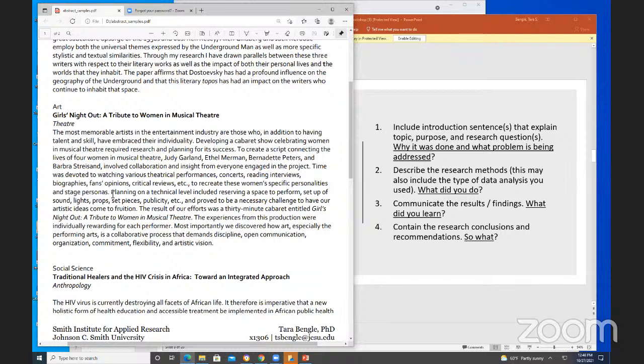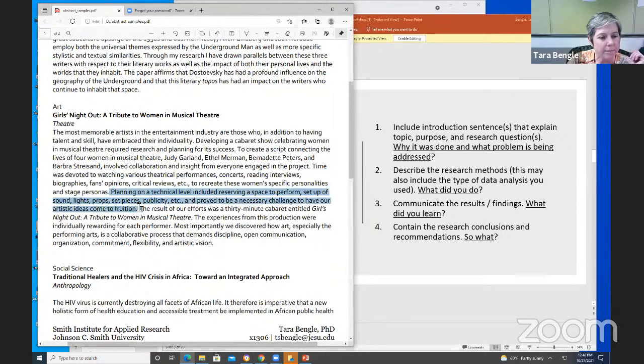Uh-huh. And then again, I think that this is probably unnecessary information in an abstract. But here we can look for, there's another clue here. Because when we're asking about like, what was the result of their research? And so they tell you right there, the result of their efforts was that they had this 30-minute cabaret.